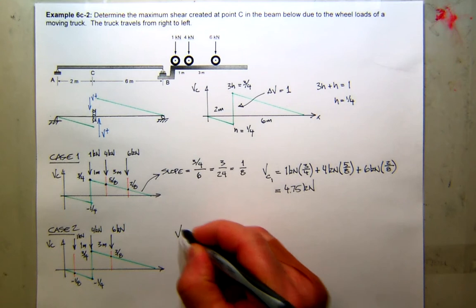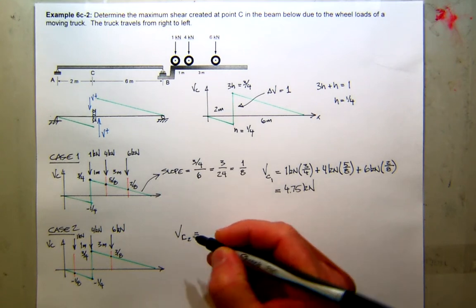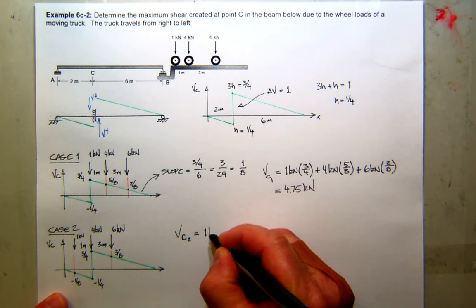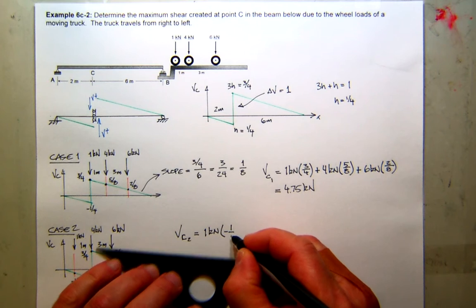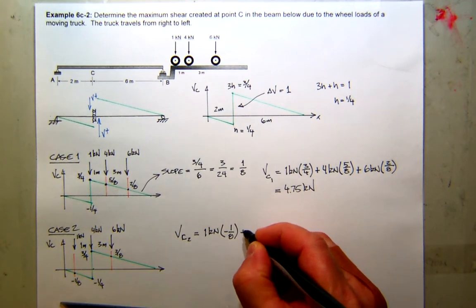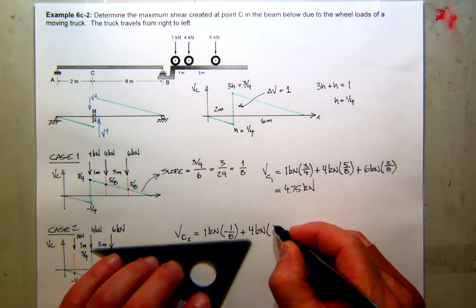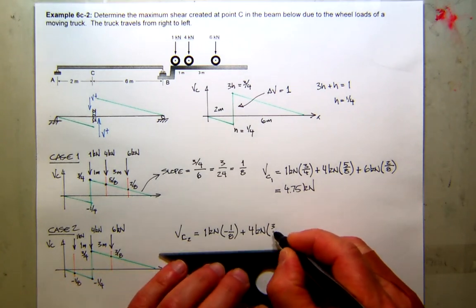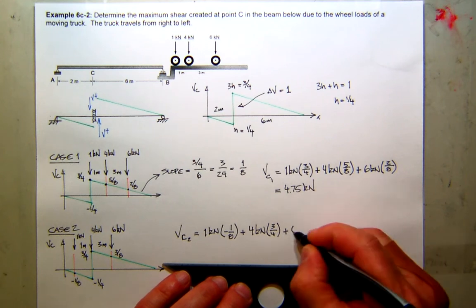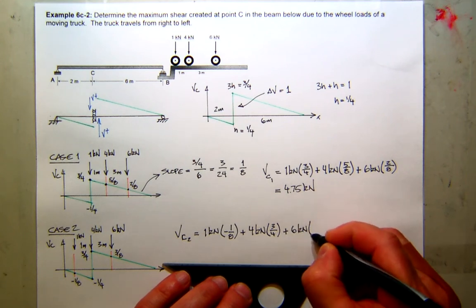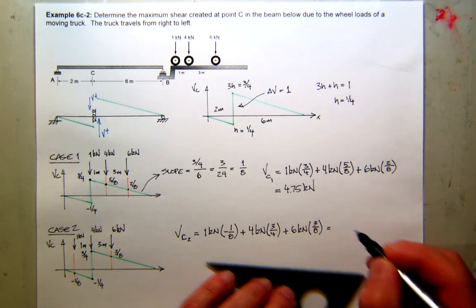So all I have to do now is add that up. So my shear at C for case 2 would be my 1 kilonewton now multiplied by negative 1/8, plus 4 kilonewtons, that's the second load, multiplied by 3/4, plus 6 kilonewtons, multiplied by 3/8.